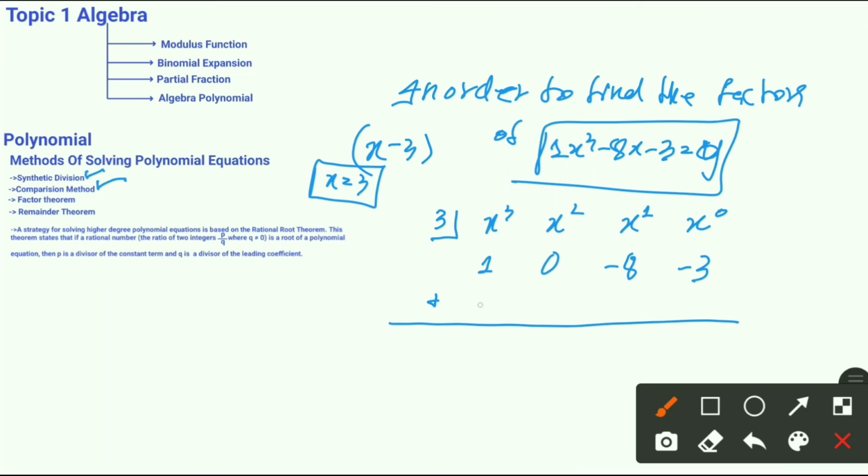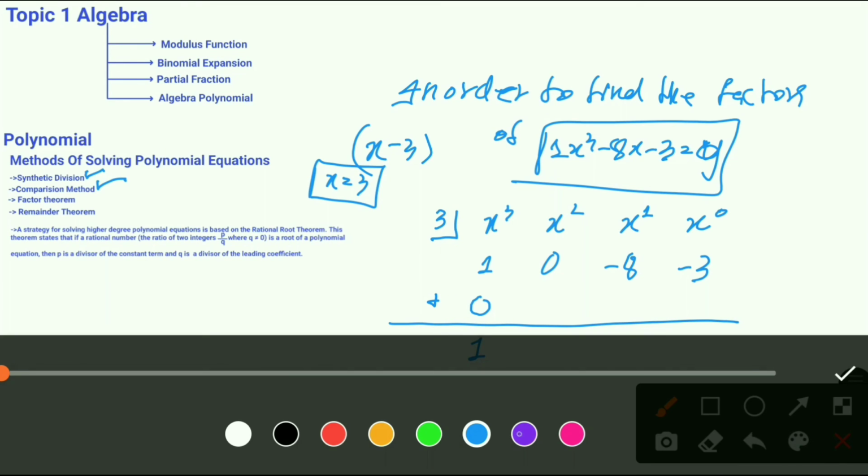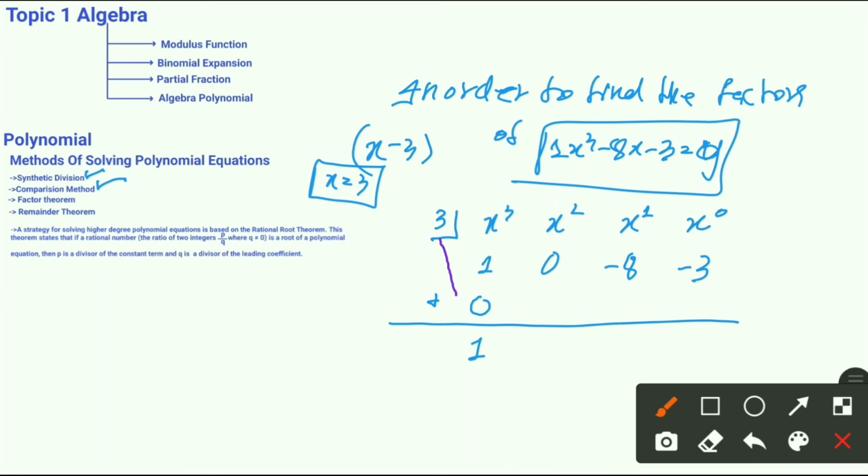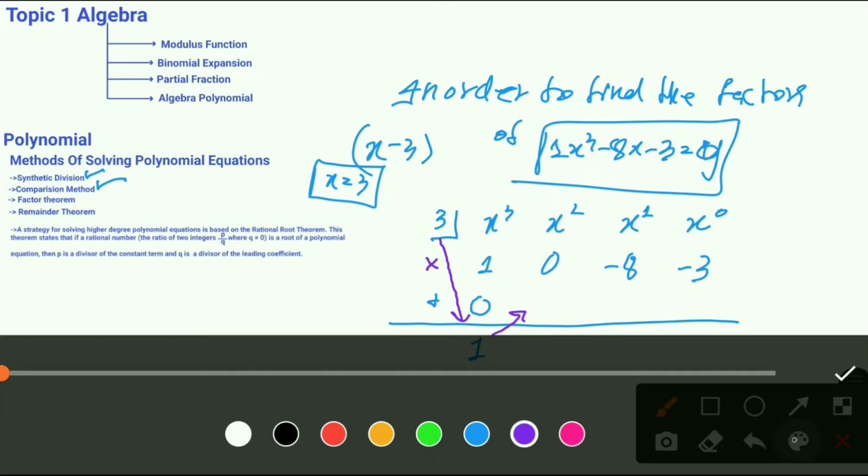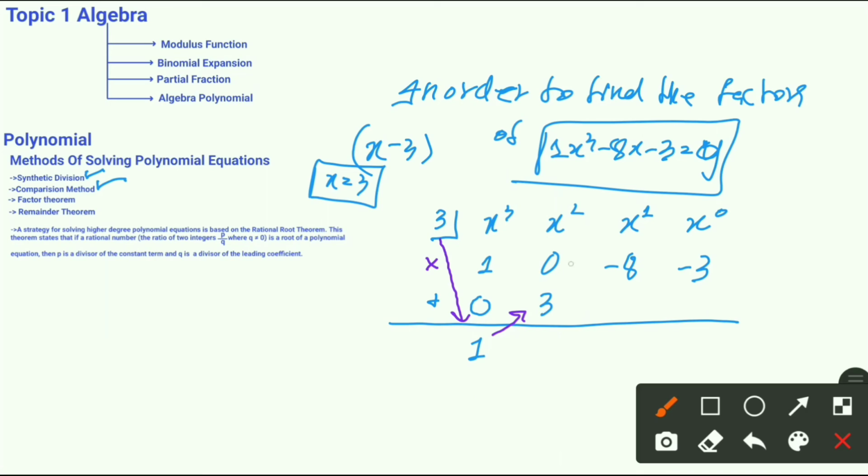Okay, let's say I put 0. Whenever we start synthetic division, we always put 0 to make an addition. Always start with 0, 1, and now 3 will multiply and come here. So 3 plus 0 is 3.